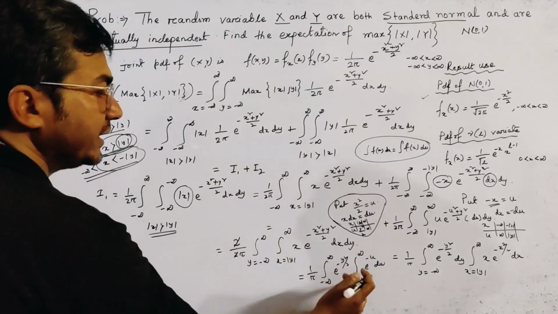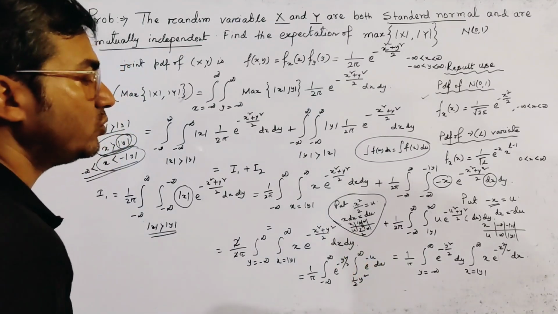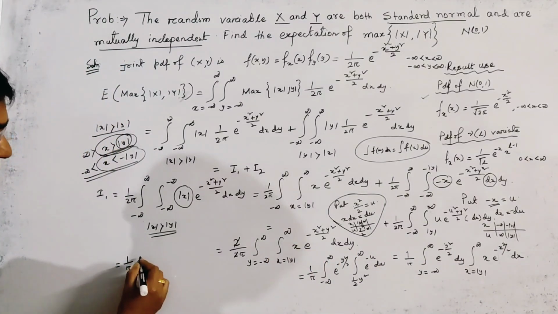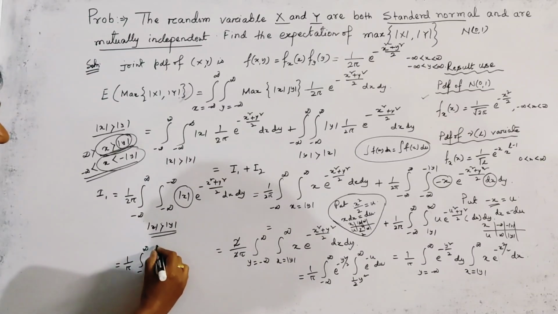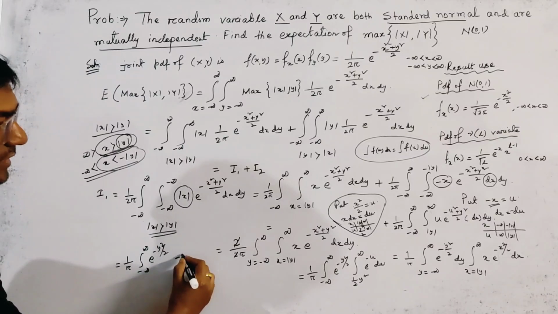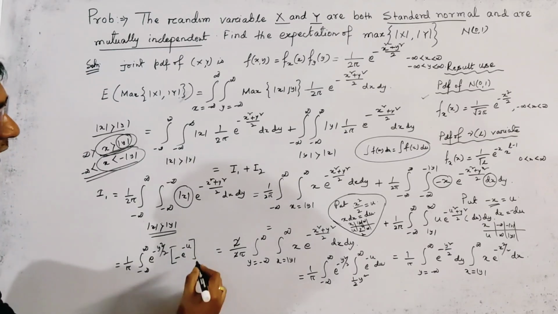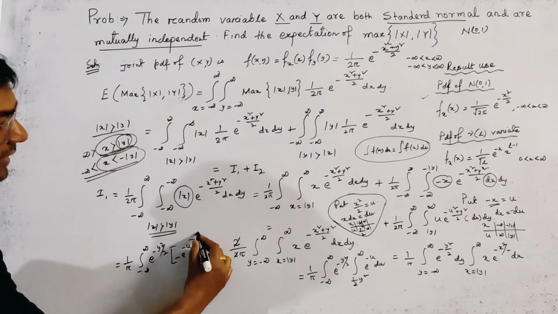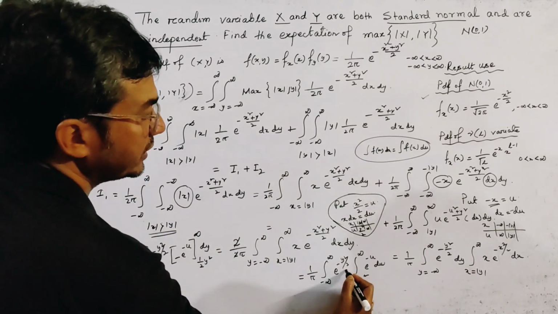Integrating e to the power minus u du, we write 1 by pi integration minus infinity to infinity e to the power minus y square by 2, and the integration is minus e to the power minus u, and the range is half y square to infinity, with dy.